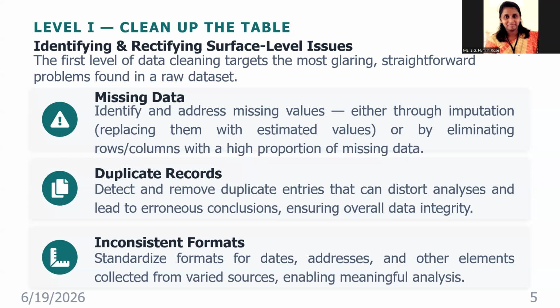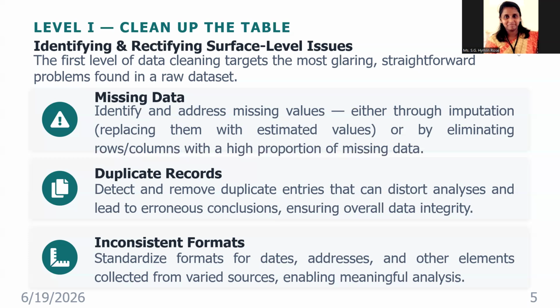And the third one is inconsistent formats. What do inconsistent formats represent? Data collected from various sources may exhibit inconsistent formatting, making analysis a challenge. Some will have a date in the format of 6 May 2026. Some will represent it as 5/6/2026. So the data will be in inconsistent formats. Some will use abbreviations instead of the full form, and in addresses a shortcut like St for street will be used.